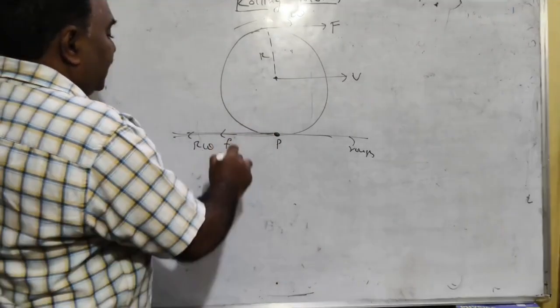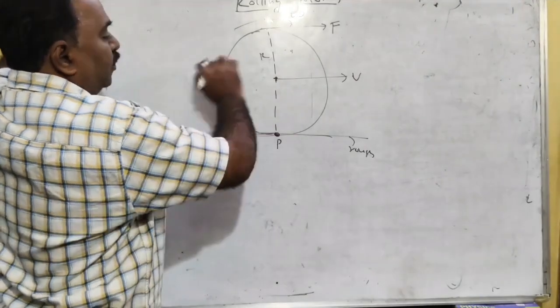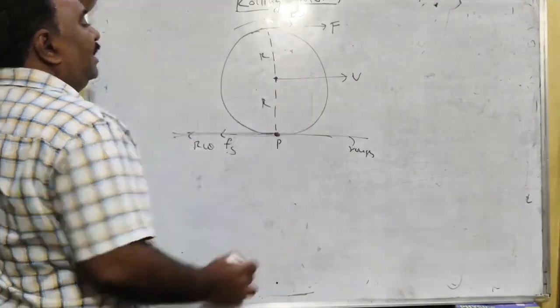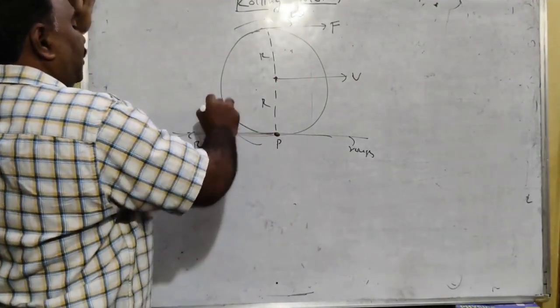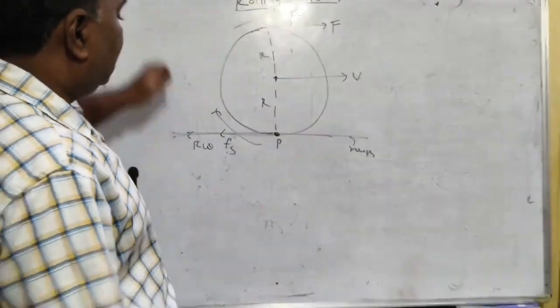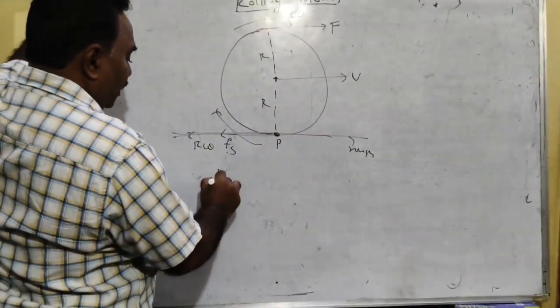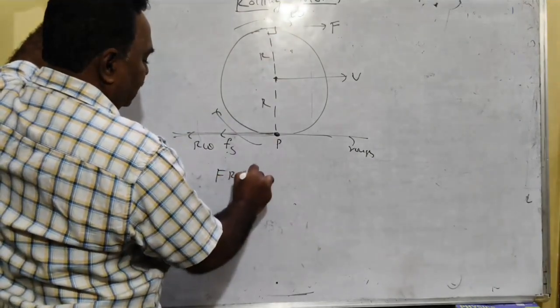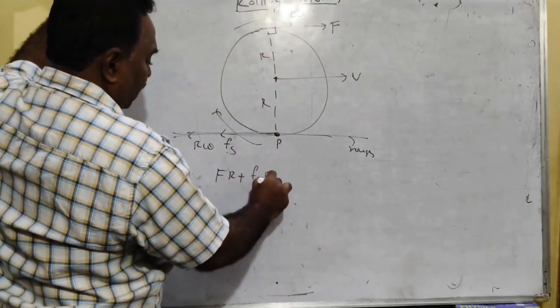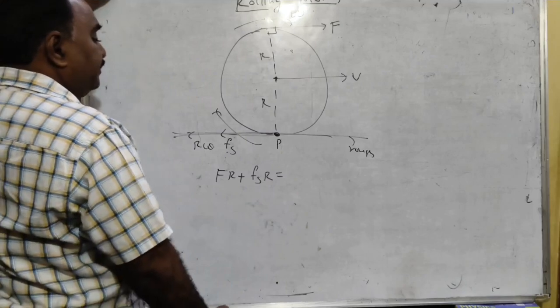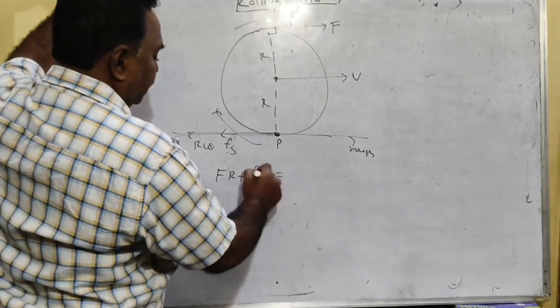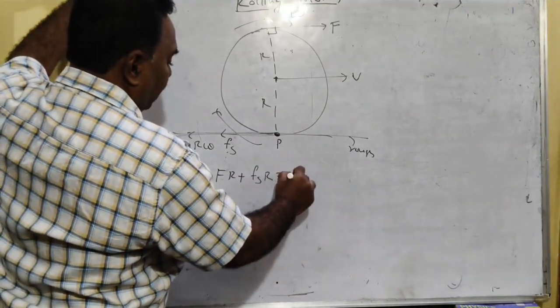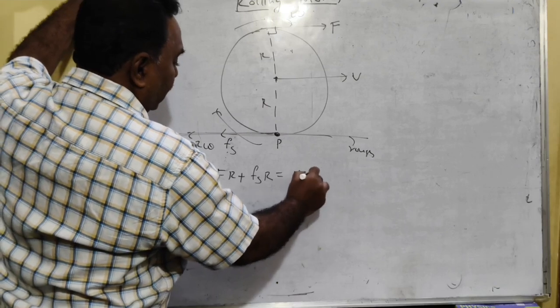That's why this friction also produces torque in the same direction, clockwise. As the torque is in the same direction, what is the net torque here? Force into perpendicular distance, plus frictional force into perpendicular distance, which is equal to I alpha. I means mk square.